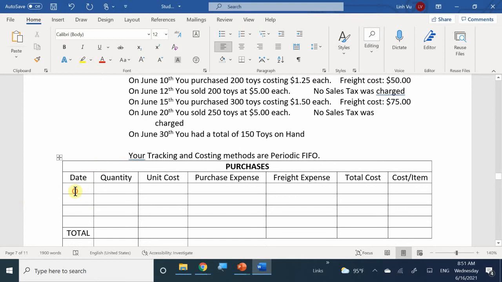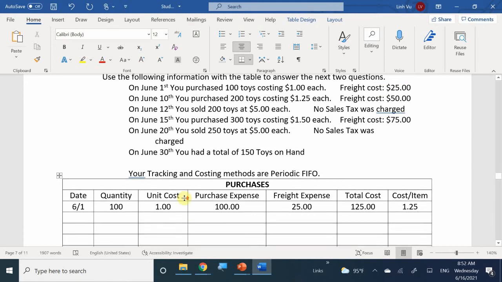So date is going to be June 1st. What did we make a purchase of? 100. So what's my purchase price or purchase expense going to be? $100. My freight was $25. 125. Yes. So my cost per item is going to be $1.25.